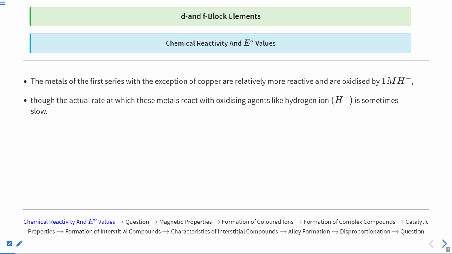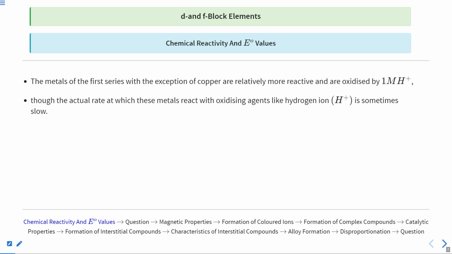So this is very important: other than copper, all have a negative electrode potential, or you can say reduction potential, meaning they can be oxidized in their standard state by the 1 molar H plus ion. But only copper is the exception, which has a positive reduction potential value.